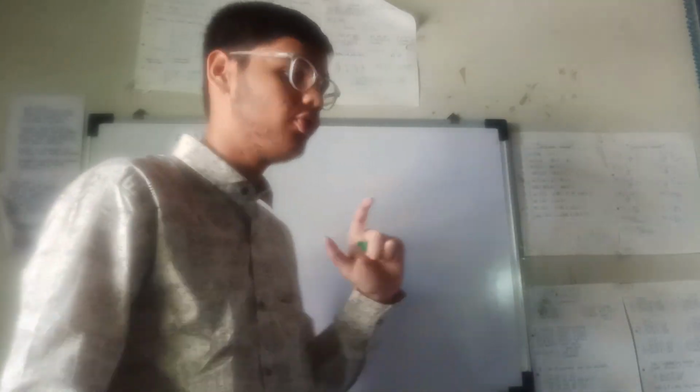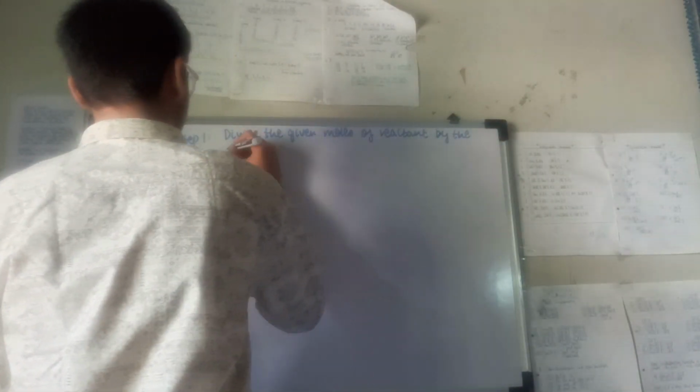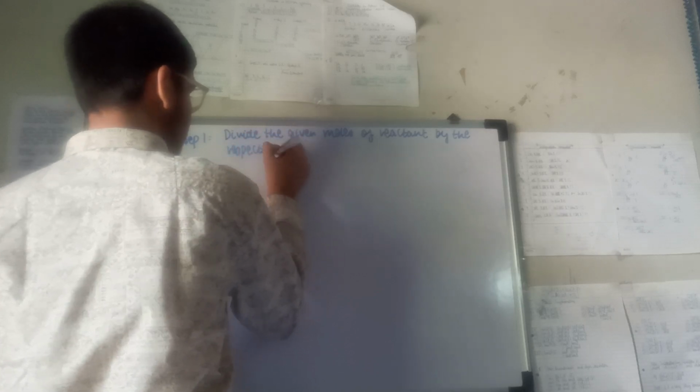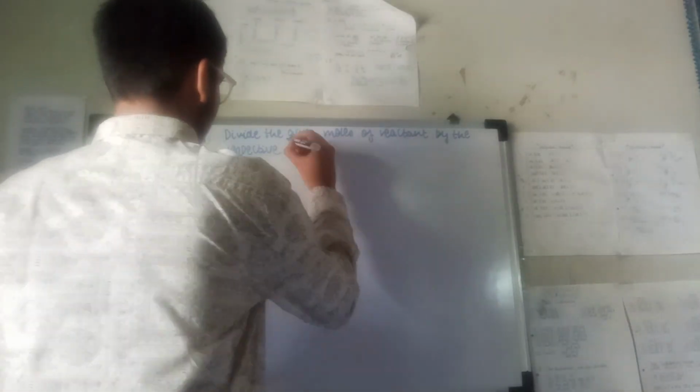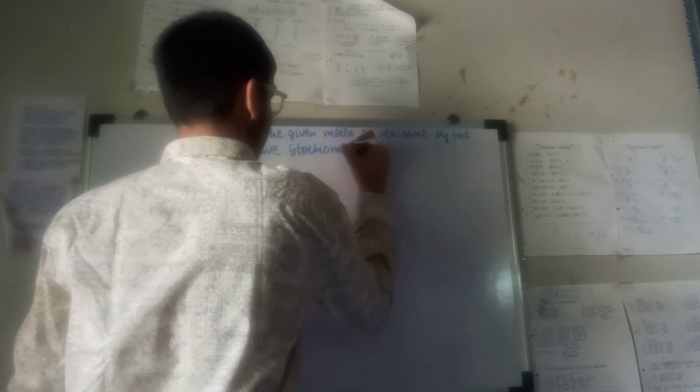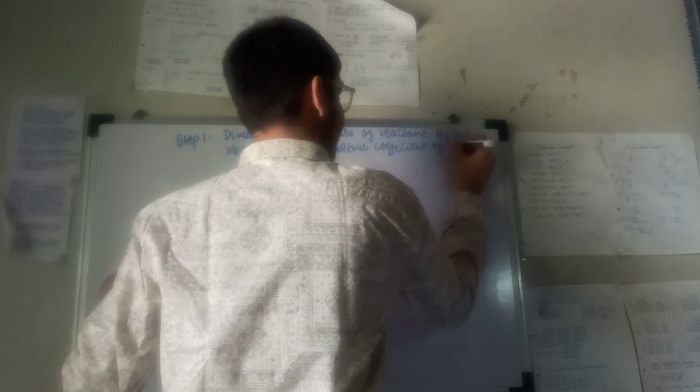Divide the given moles of reactant by the respective stoichiometric coefficient of that reactant.